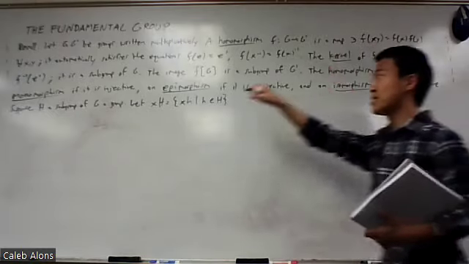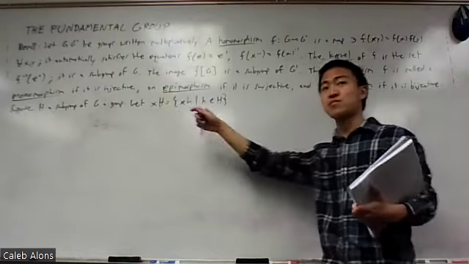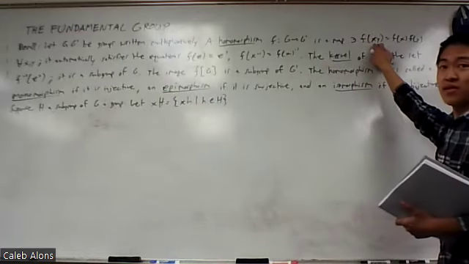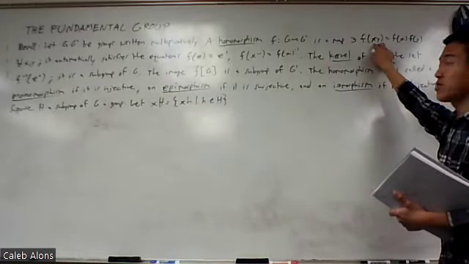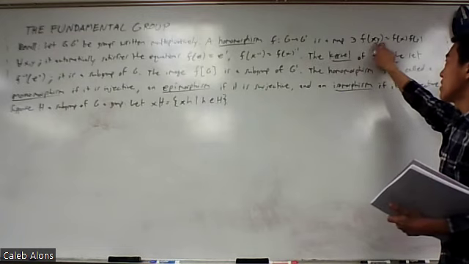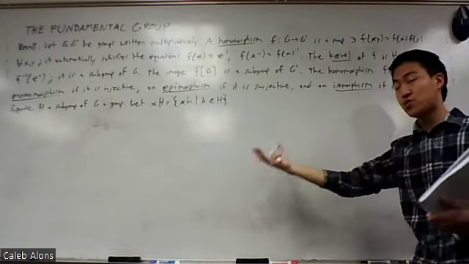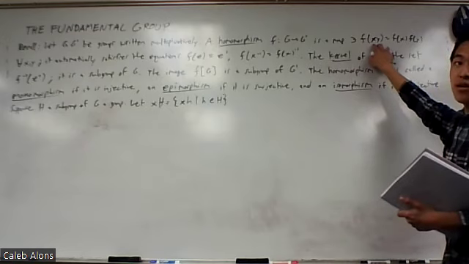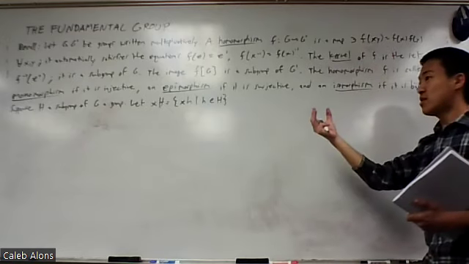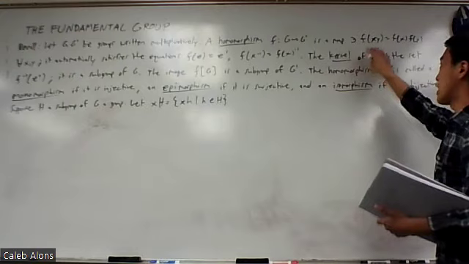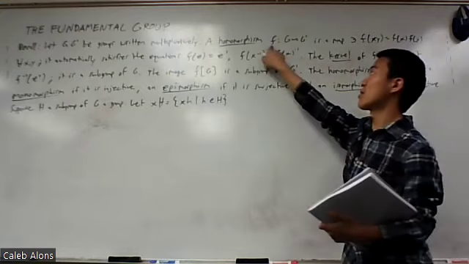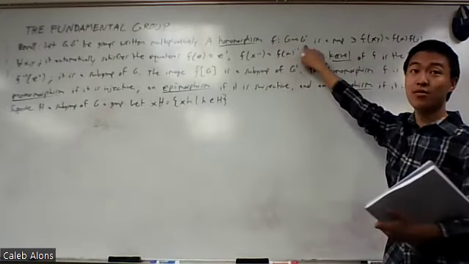So if I take any two elements in the first group G, they interact with their operation. Now I'm going to take the element that results from them interacting, and map that over with our homomorphism into some other group.